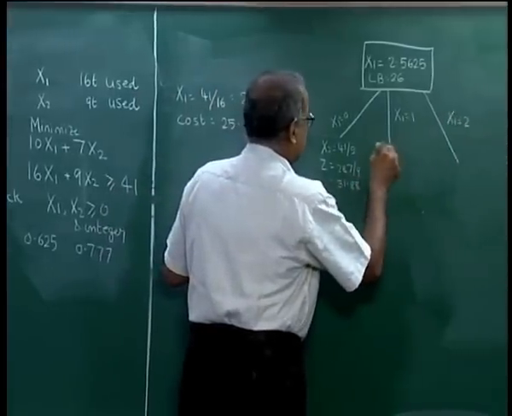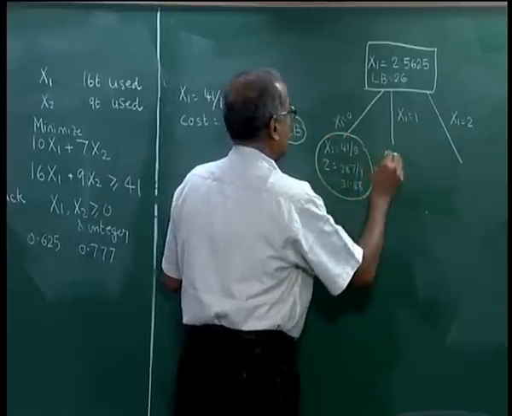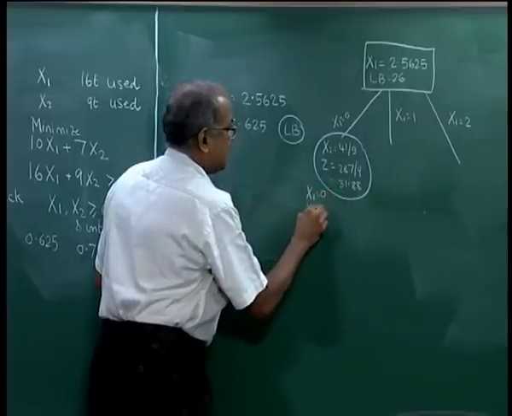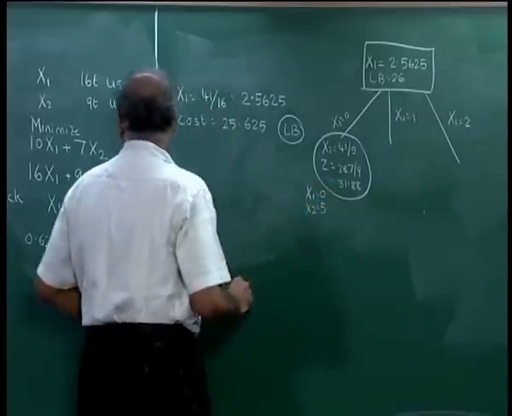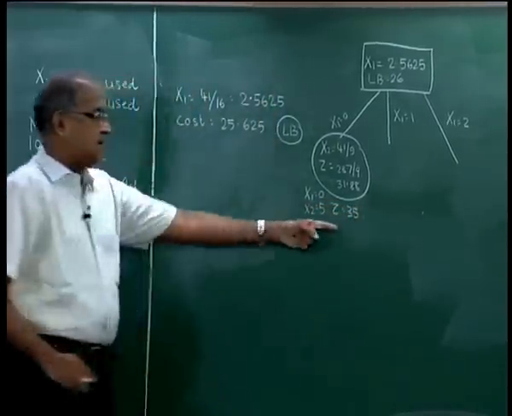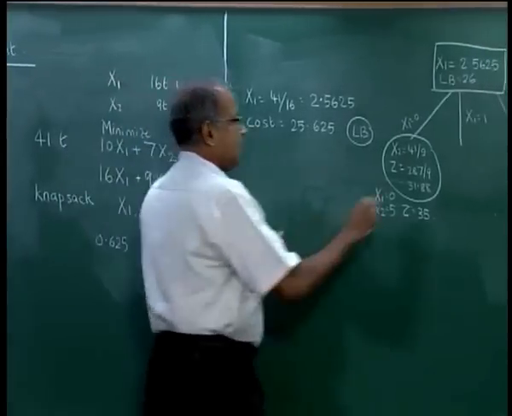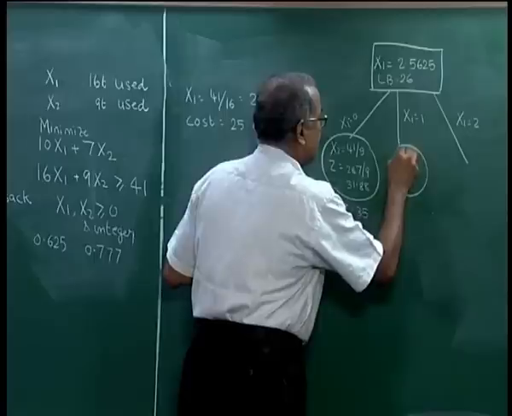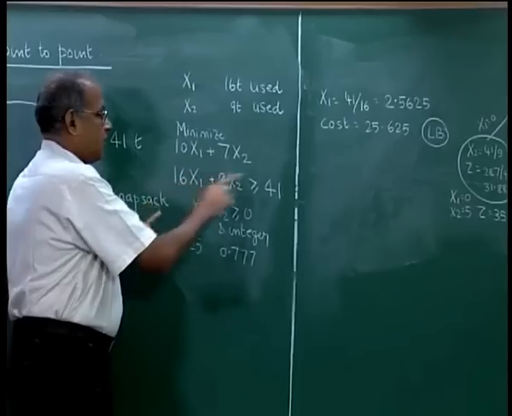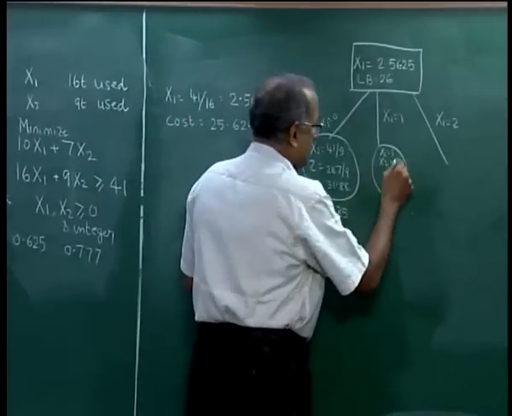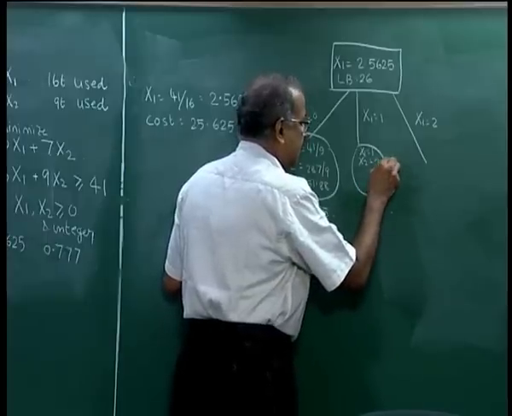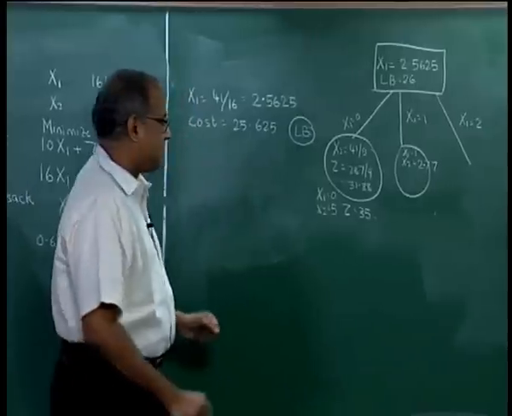Now the feasible solution for this will be x1 equal to 0, x2 equal to 5 with z equal to 35. This gives us an upper bound for this. Now when x1 equal to 1, we will have a solution x1 equal to 1, x2 equal to 25 by 9, which is 2.77.